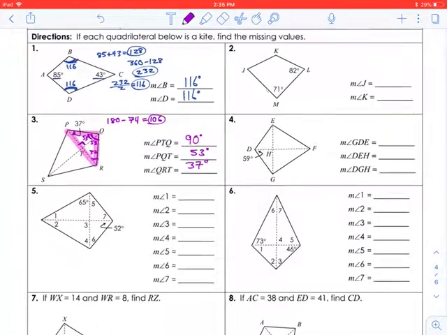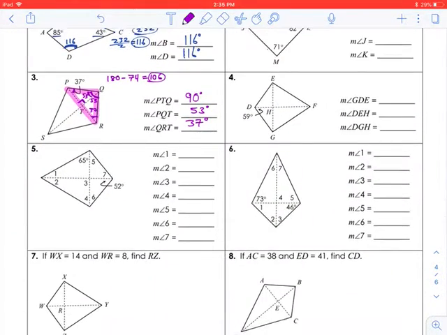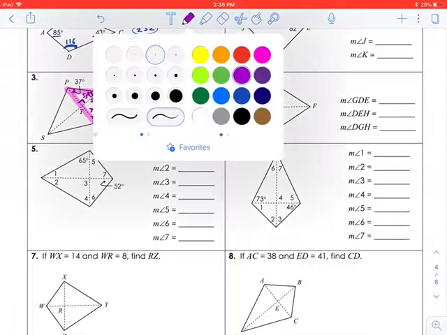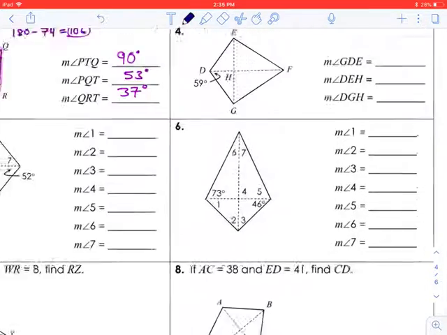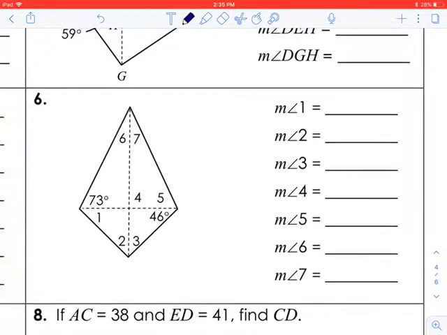Knowing all that information, let's look at number 6. A lot of angles to find here. Well, let's get the easy ones. This is 73, which means 5 is 73. This is 46, which means 1 is 46.